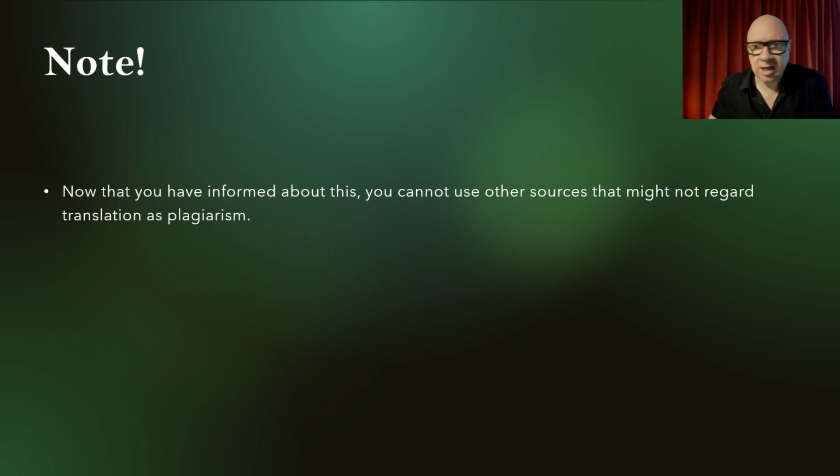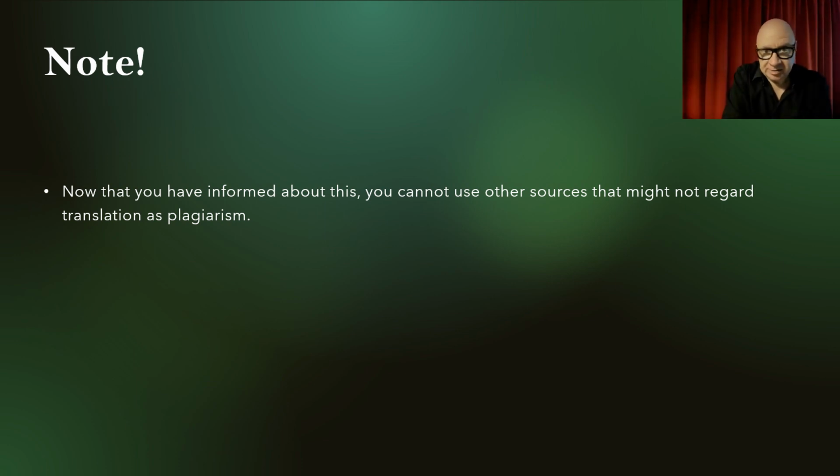Well, okay, but then it's your interpretation, your explanation. So a paraphrase and a translation are totally different, even though some institutions like APA might not consider them to be different. They are different. We consider a translation not a paraphrase, so it needs quotation marks and a reference. So you have been warned about this. You cannot use that for your defense.